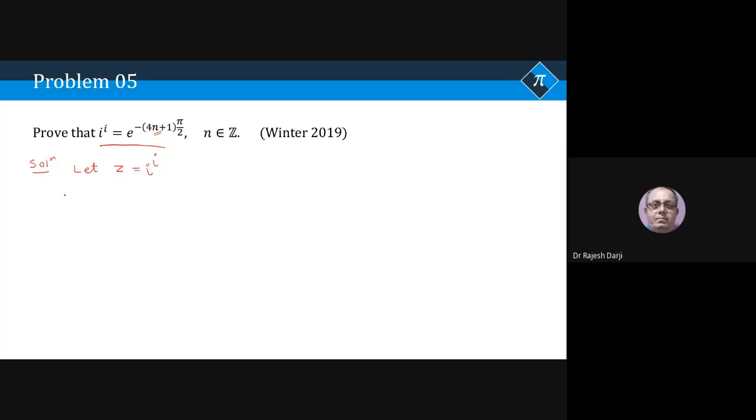Now to prove this, we'll take log on both the sides. Log z, capital Log of i power i, base e.